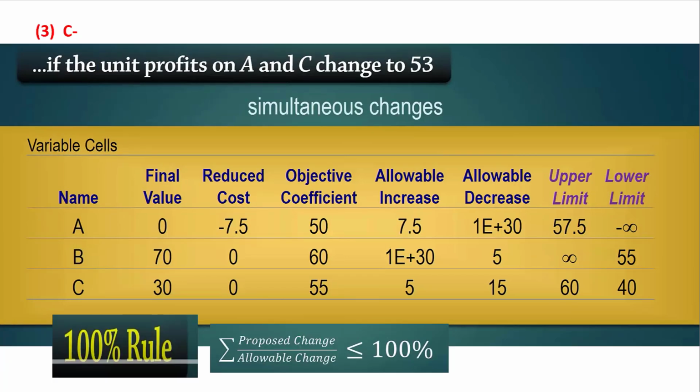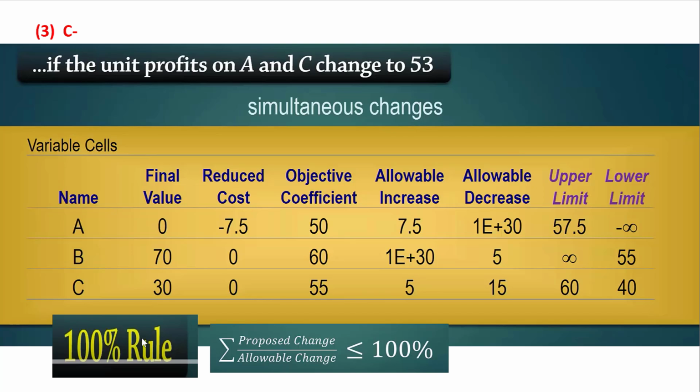Point C in the third requirement: if the unit profits on A and C change to 53. This is called simultaneous change. The first thing we should know is the 100 rule.